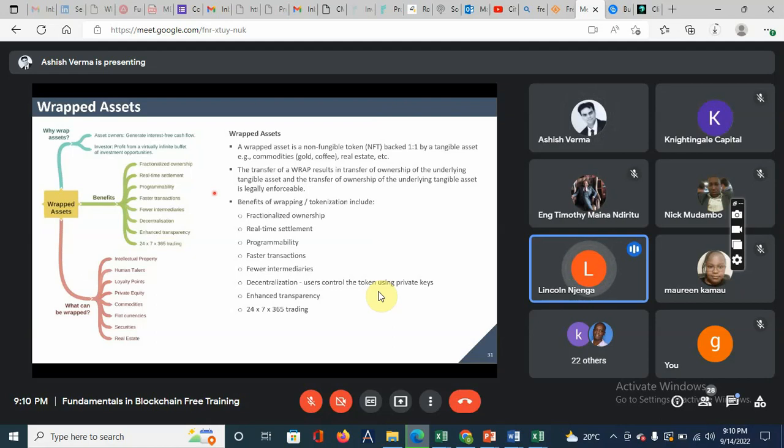Let's say, for example, a vehicle which has a logbook, and that logbook has a unique serial number. Are you able to capture that asset which has a physical title onto a smart contract?